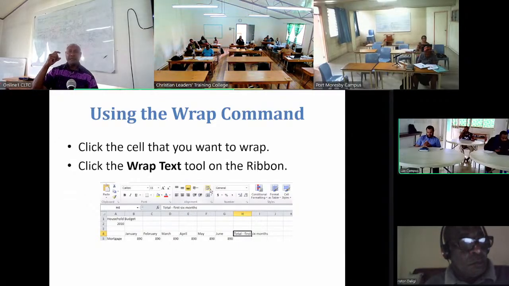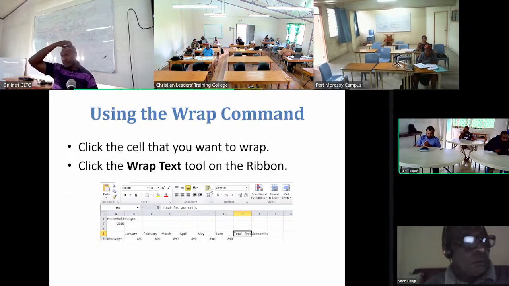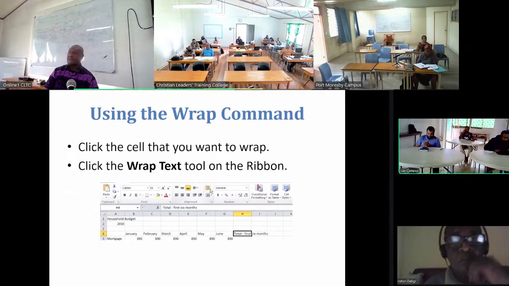When you click on that, the text goes down, and the row drops down with it. Now, if you're doing your newsletter, you can do wrap text, all right? That you can fit things into one page in tables.